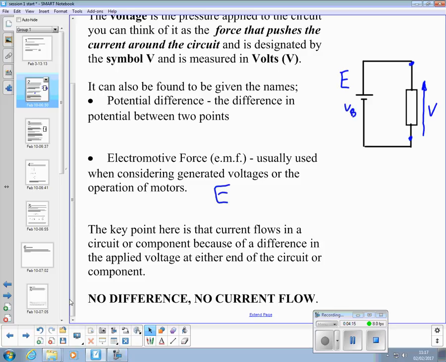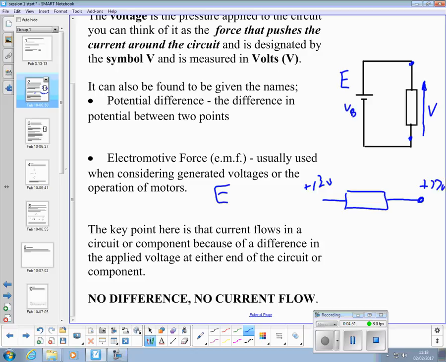The key point here is that current flows in a circuit or component because of a difference in the applied voltage at either end of that component. So if we have a component in the form of a resistor, and that terminal is made plus 12 volts, and that terminal is made plus 12 volts, no current will flow through that resistor because there's no difference.